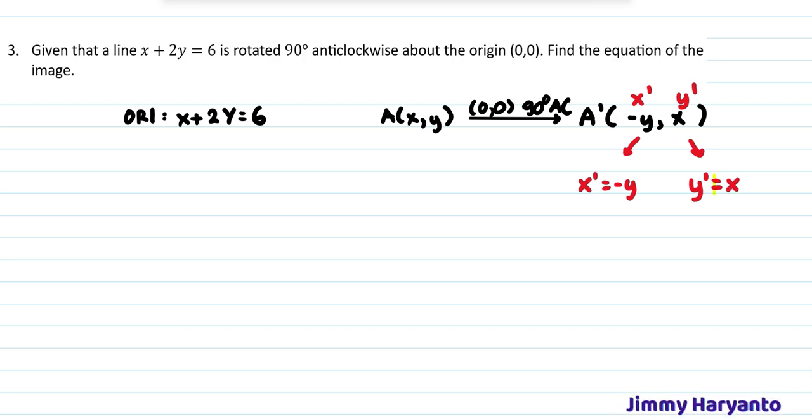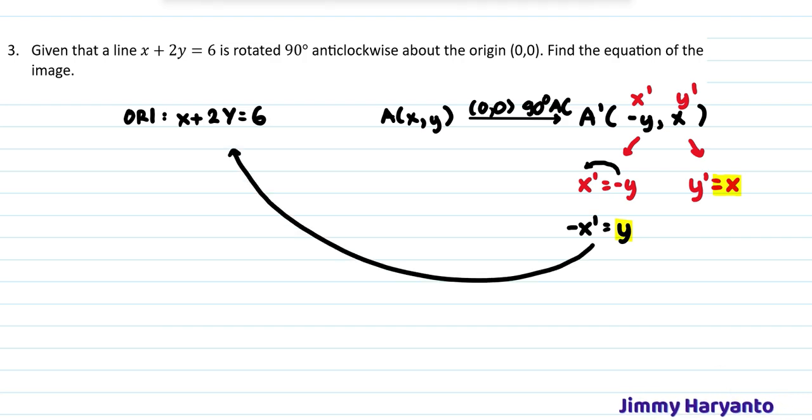And then we already have the value of x, but for this one you have to move the negative, so you'll have negative x prime equals to y. Next step is to substitute the x and y into the original line, and then you will have the image.